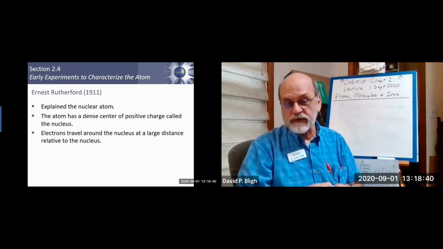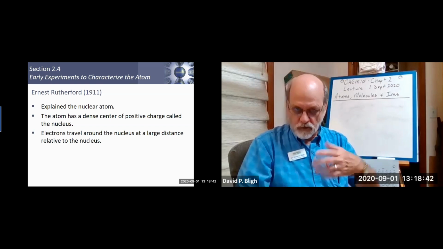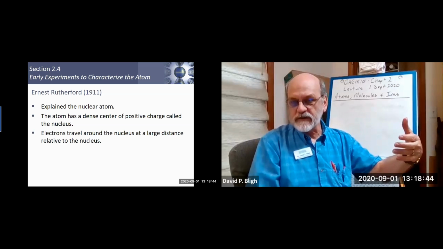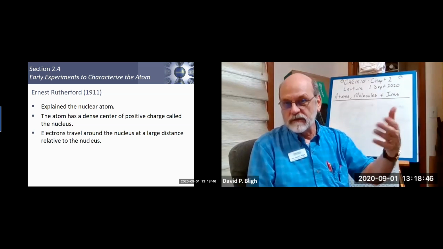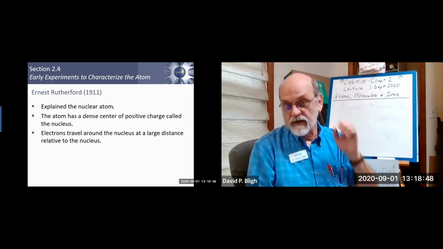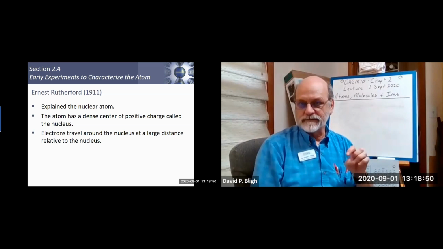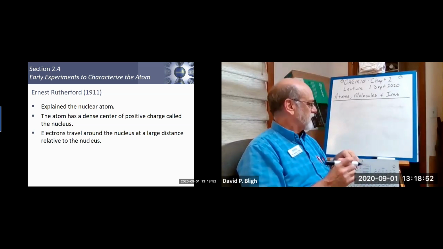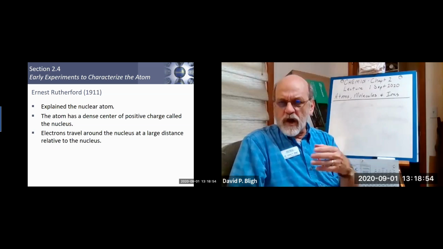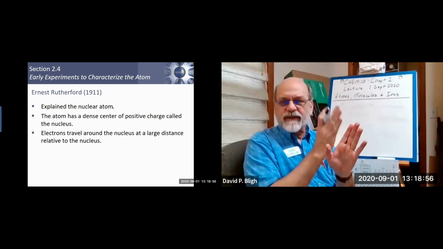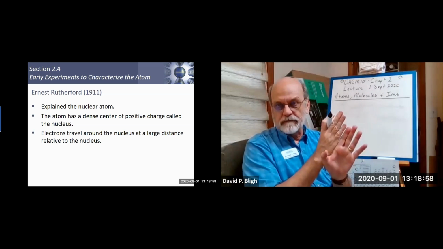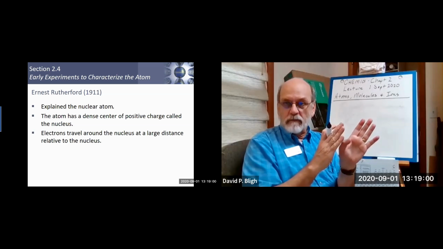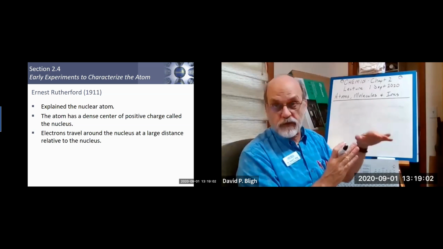Actually, most of the cost of recoating the Charleston dome, the Capitol House dome, was labor, putting the stuff on. So he used gold because that way he could have a very thin layer, just a few atoms, that would allow most of the radiation to pass through.